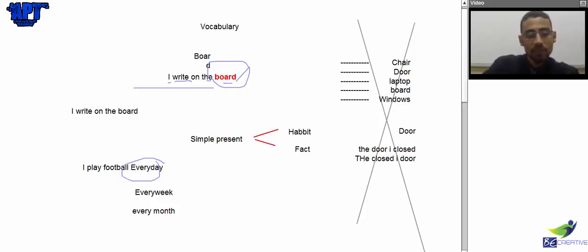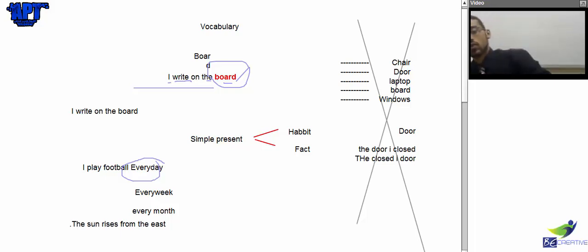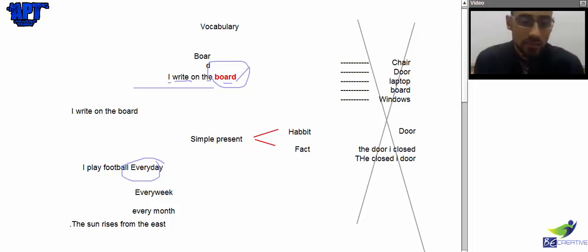My example about a fact will be: the sun rises from the east. So that's my fact. You know the sun? The sun rises from the east.